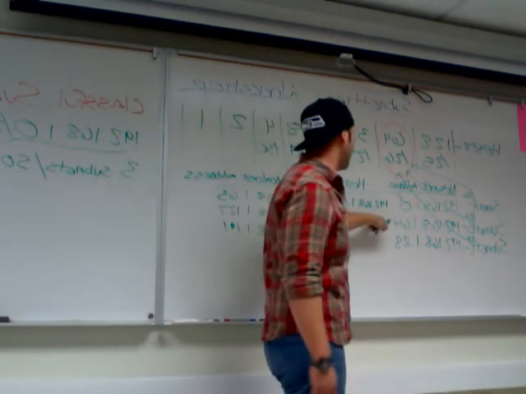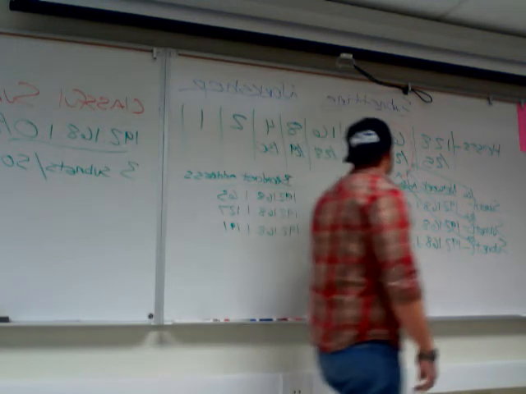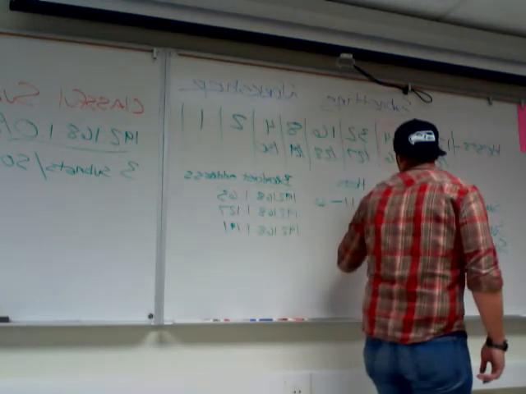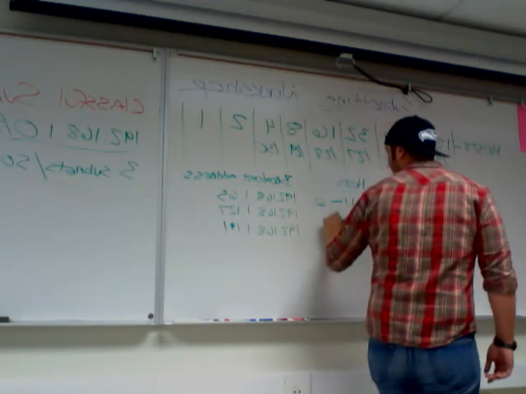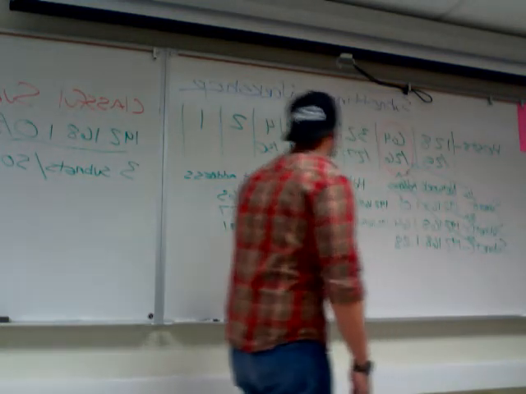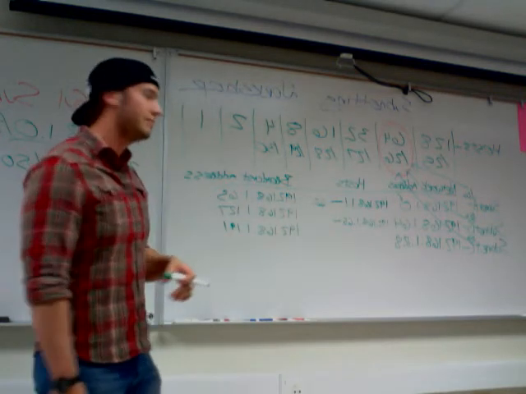So what would be the next address the host can use for subnet B? 65. And then what would be the last one that you can use?